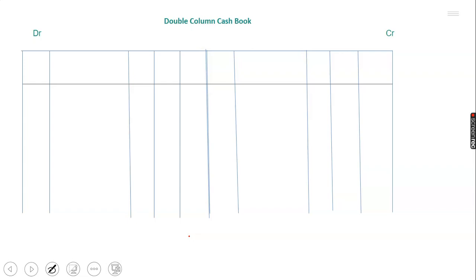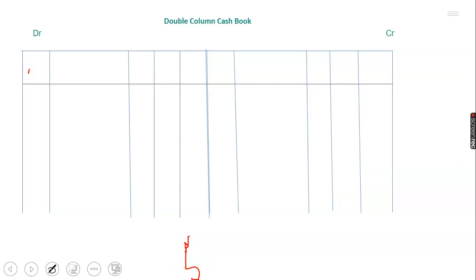The format of a double-column cash book. This is the format of a typical double-column or 2-column cash book. That is, we have a column for date.